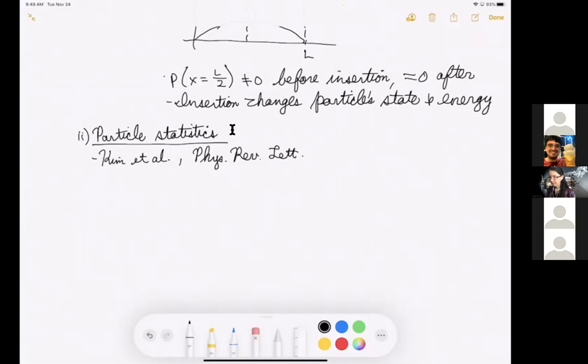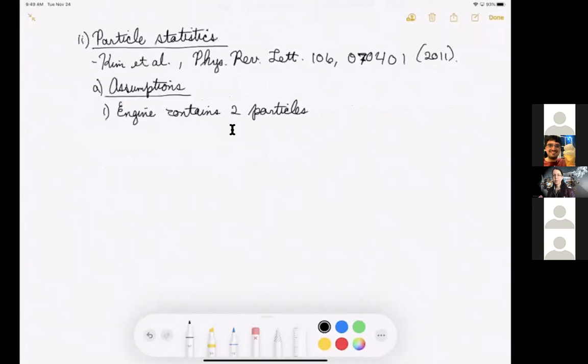First, for simplicity and concreteness, let's suppose that the engine contains exactly 2 particles. We can extract work from the engine only if both particles begin on the same side of the barrier. Because if the particles are split half and half on opposite sides of the barrier, then the barrier will experience no net force in either direction, so the gas won't expand.